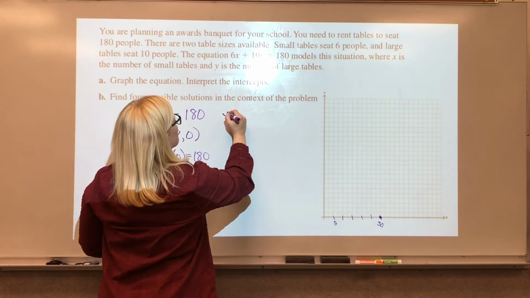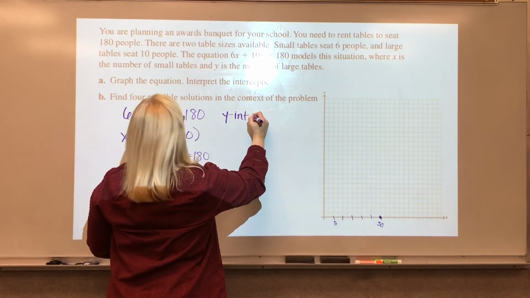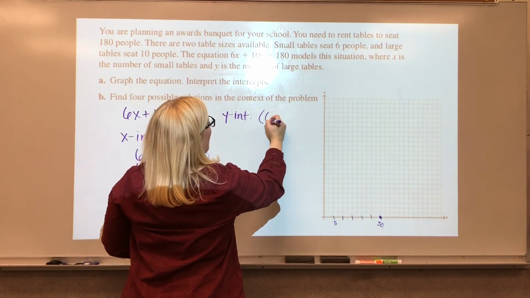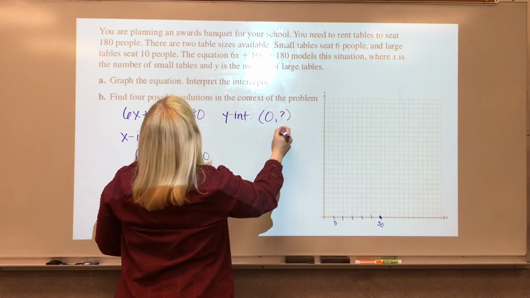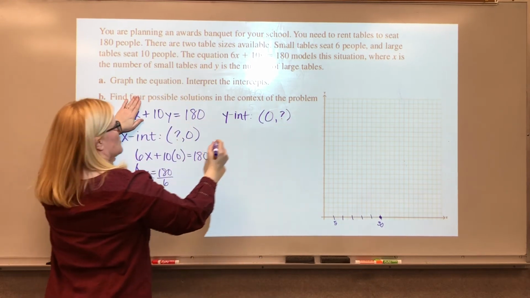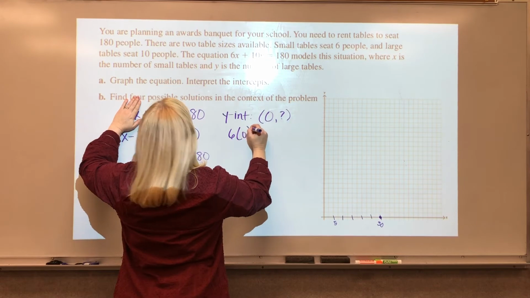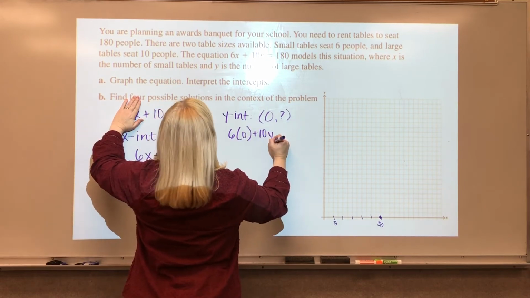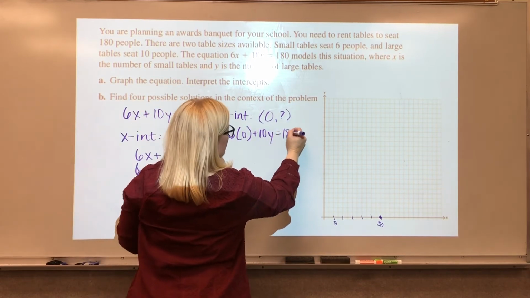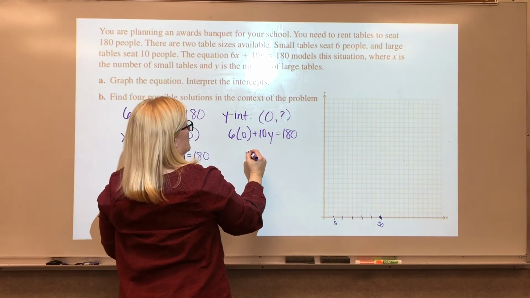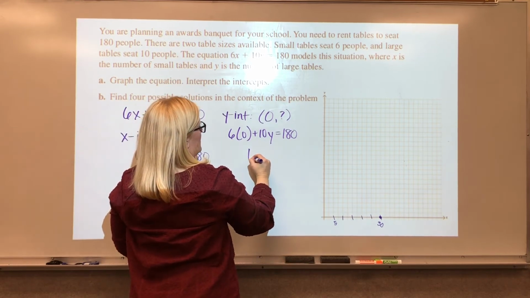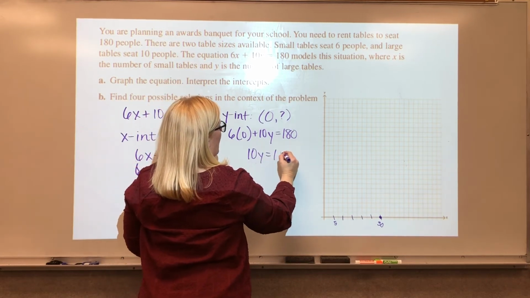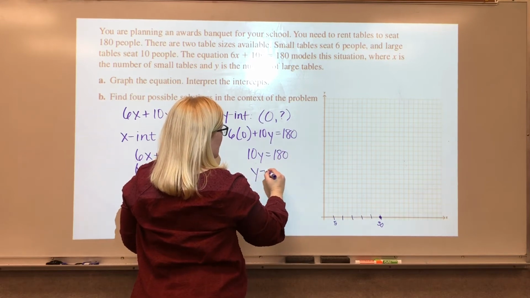My y-intercept is where x is 0. So when I plug in 0 for x, I have 6 times 0 plus 10y equals 180. So this is going to be 10y equals 180. So y is 18.